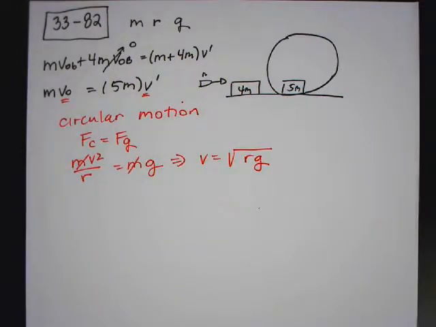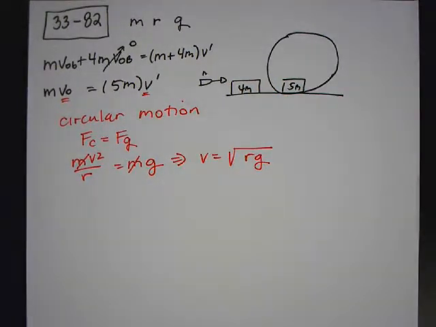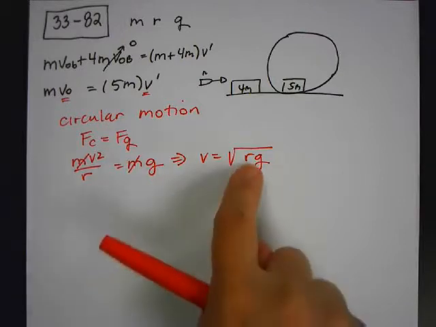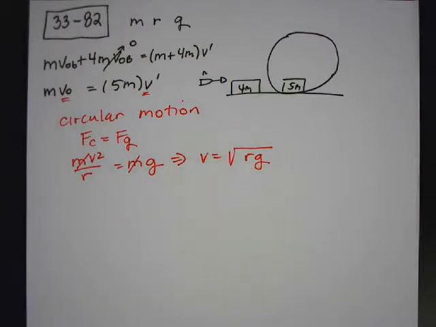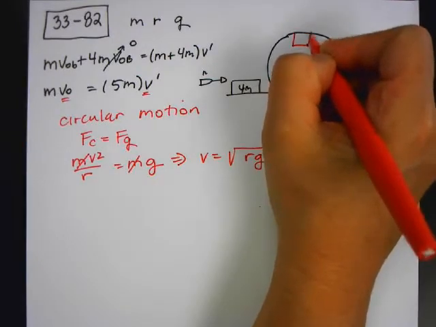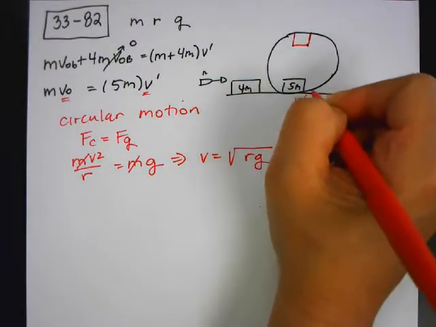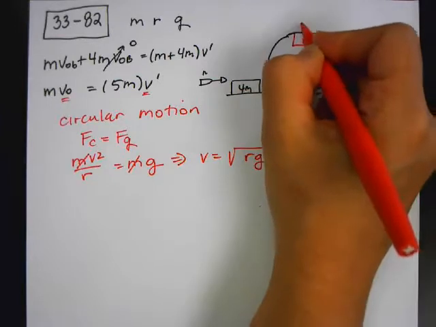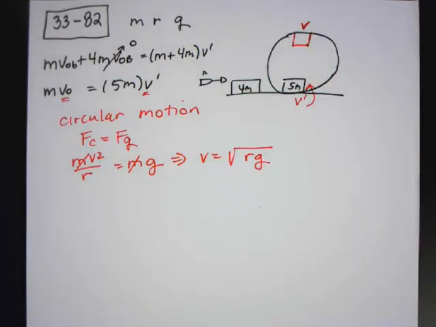Some people just memorize that, but you can write this out, and on an FRQ, they're probably going to ask to see these intermediate steps and not have you just write that. But that's the speed at the top. We still don't know what v prime is, which is right here. So this v is the v up here. We still don't know the v at the bottom.